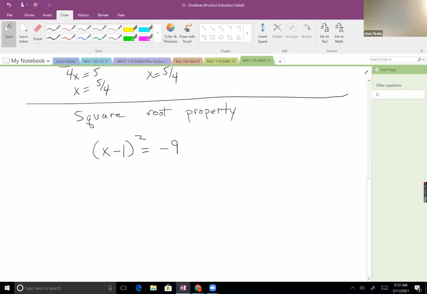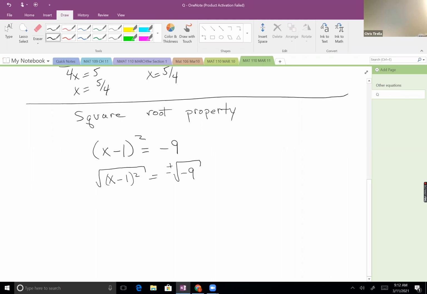And here it would make sense to use that square root property because I have something with a variable squared equaling a constant. So remember, we're going to take the square root of both sides. But that side with the constant has two roots, a positive and a negative.